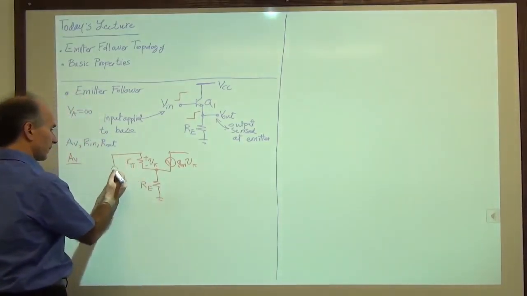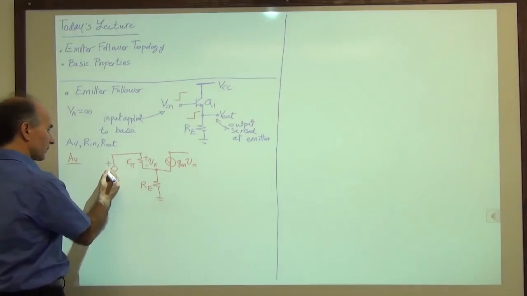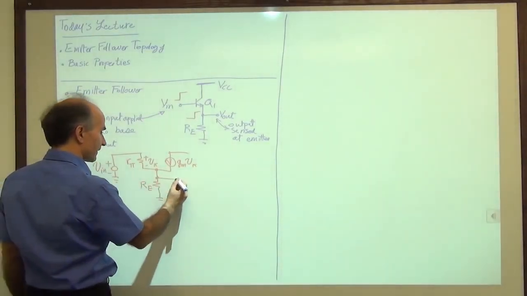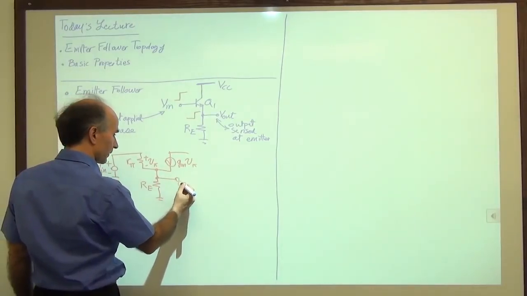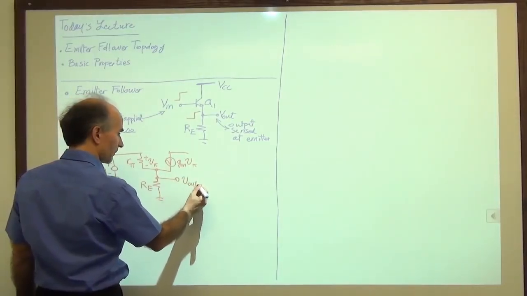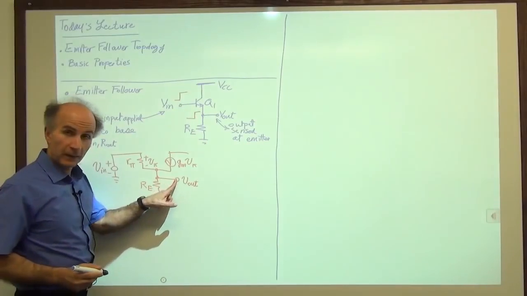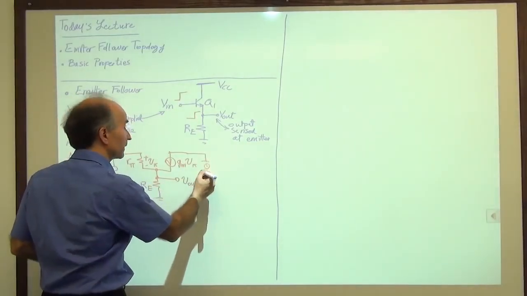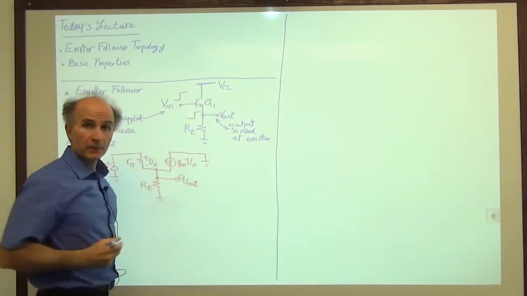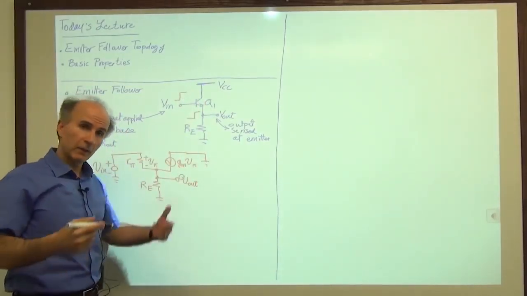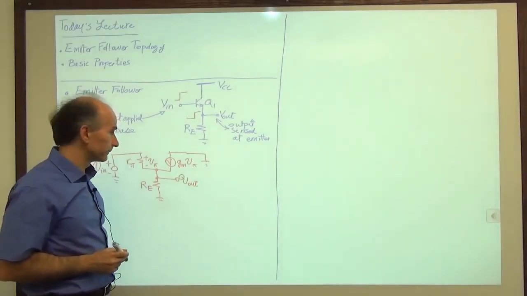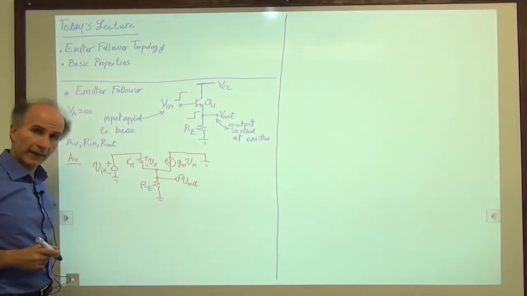Our input is applied to the base, so that's small signal input V in. The output is sensed at the emitter, so this is V out, which we really mean is the voltage from here to ground. And the collector is grounded because it goes to the power supply, which doesn't change with time, so its change is 0, so it is grounded. So this is the circuit we want to analyze.